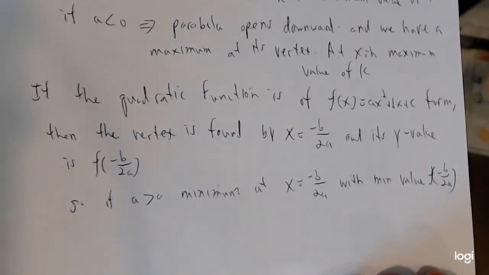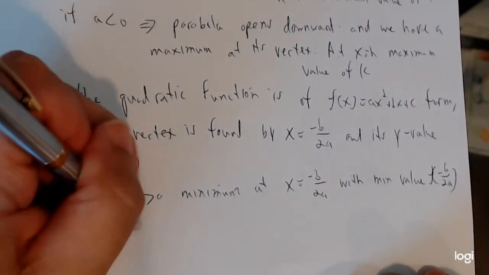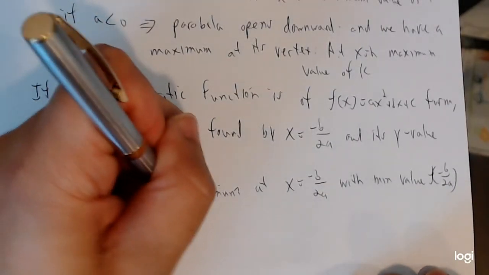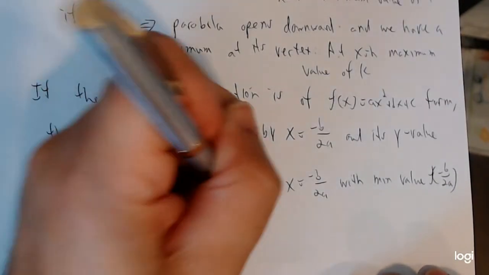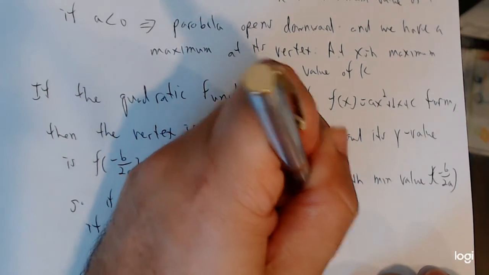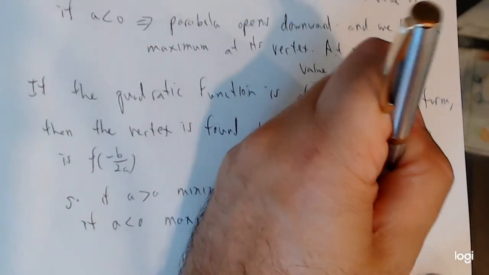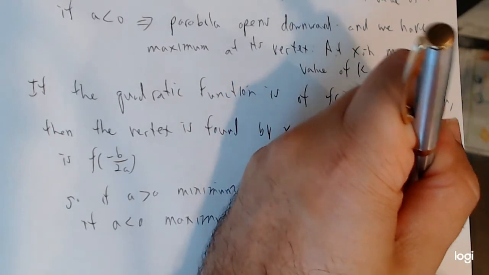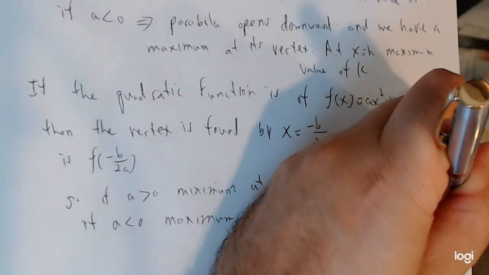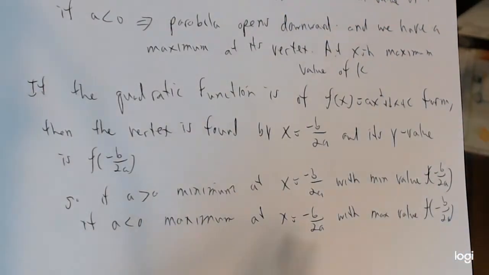And if a is less than 0, the maximum is at x equals negative b over 2a, with maximum value of f of negative b over 2a. Now remember, we're saying the same thing here as when we had our equation in standard form. It's just that the equation looks different, so there are different ways we could find the vertex.